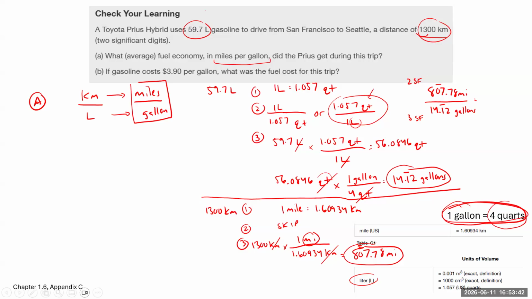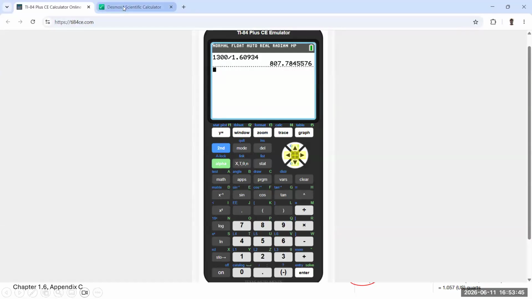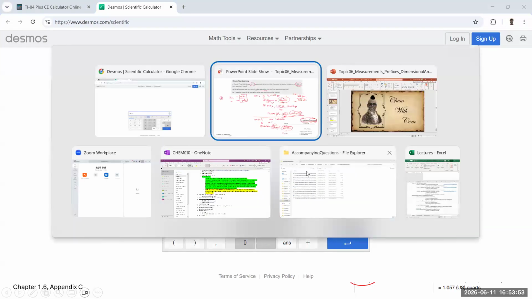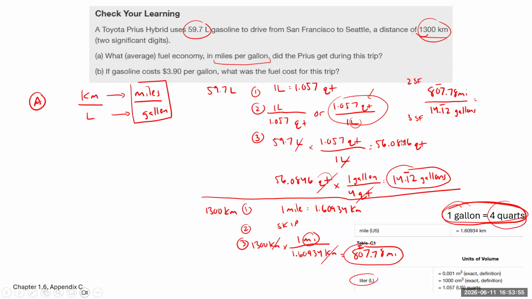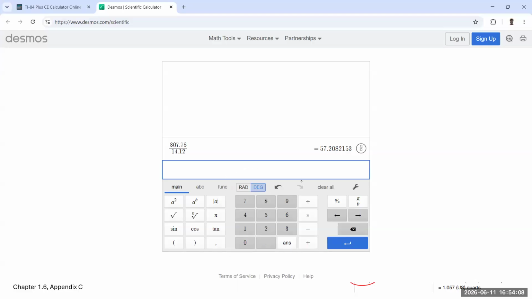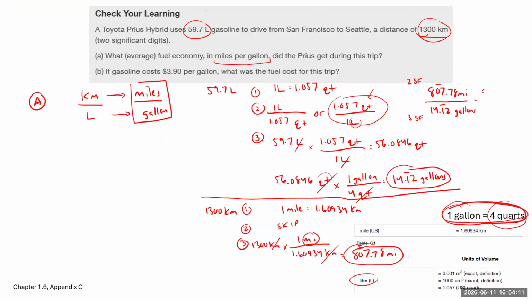So 807.78, I'll go back to this one. 807.78 divided by 14.12. And that gives us now 57.208 miles per gallon.